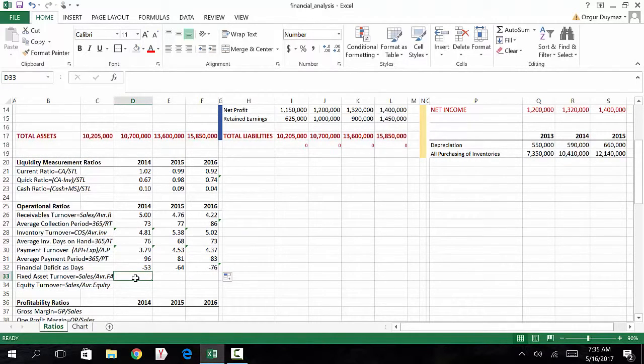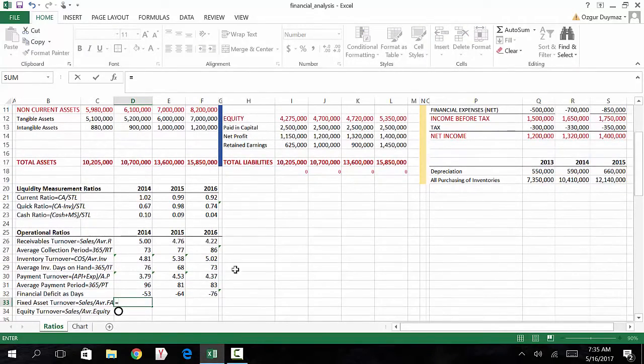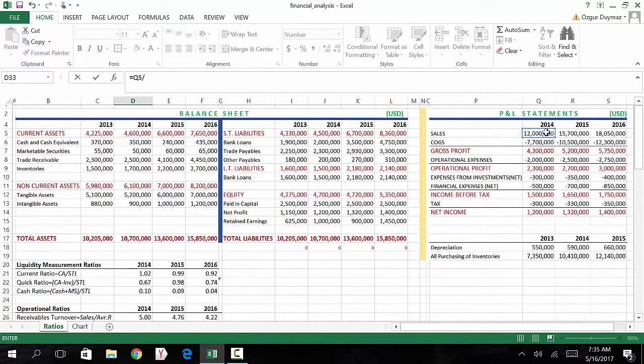And fixed asset turnover, sales divided by average fixed assets. This ratio is a rough measure of the productivity of a company's fixed assets, like property, plant, and equipment, with respect to generating sales. Increasing of it proves that the company enhances its productivity. Fixed assets: sales divided by average fixed assets or non-current assets divided by 2.